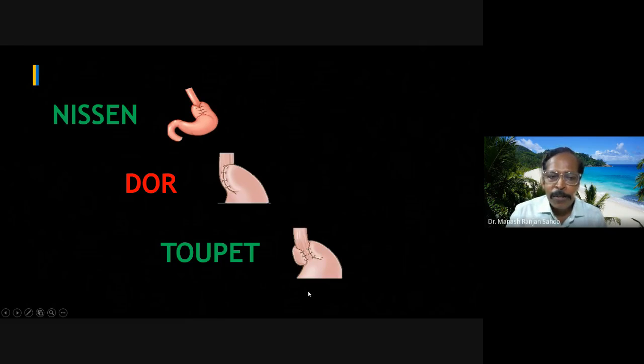Out of these three, Nissen and Toupet are usually done for gastroesophageal reflux disorder, whereas the Dor fundoplication is reserved for patients of achalasia cardia undergoing a Heller's cardiomyotomy, where you have inadvertently perforated the mucosa, so that you suture the mucosa with a 3-0 PDS or a Vicryl, and over that sutured mucosa, you put the fundus as a patch. That is what is called a Dor's fundoplication.